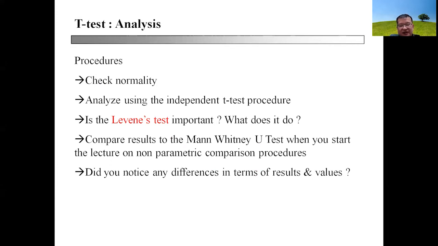As usual, if you're going to perform the independent t-test analysis, you should be checking for the normality of the data sets, and only then subject the data set to the independent t-test procedure. If you are analyzing using SPSS, there will be an automatic Levene's test included. So we shall be looking at the purpose of Levene's test and what it does.